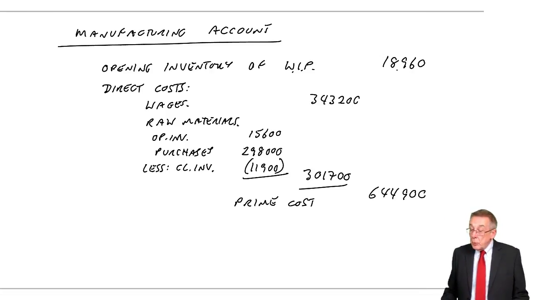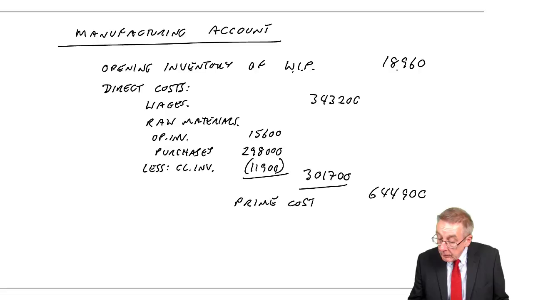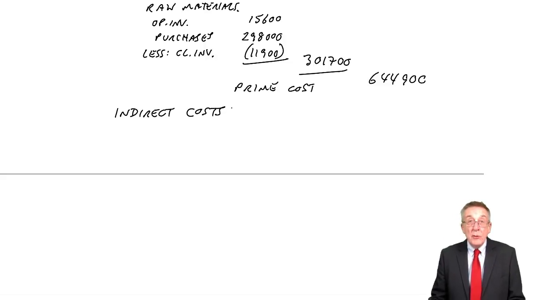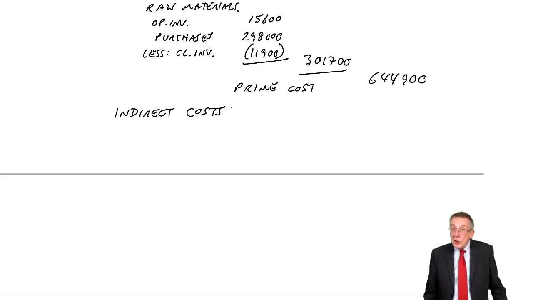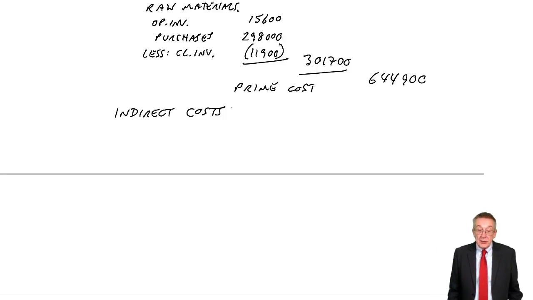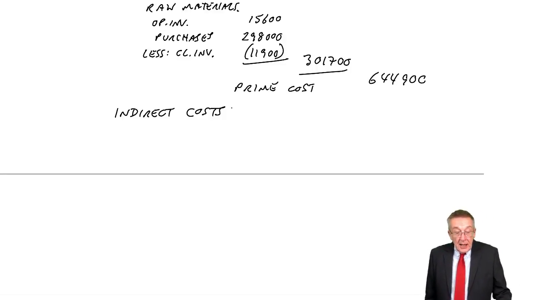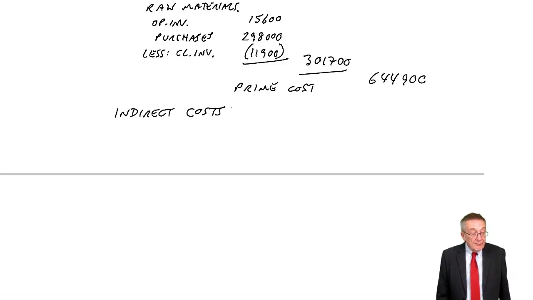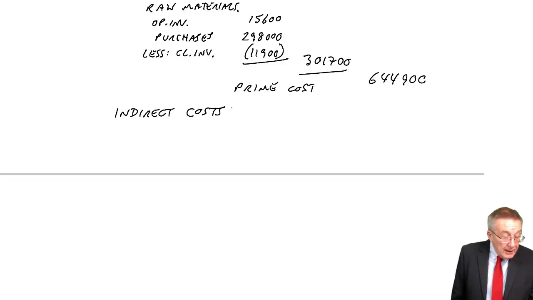Well, those are the direct ones, but I did say we want all costs in the factory. We also need to bring in the indirect costs, or the overheads. So all the other costs in the factory. And what are they? Look at the balances again.